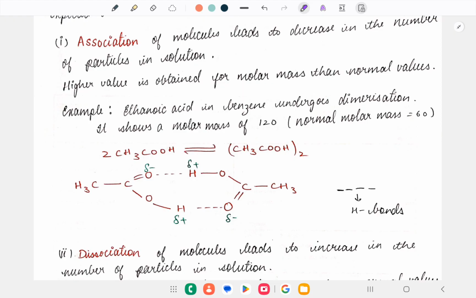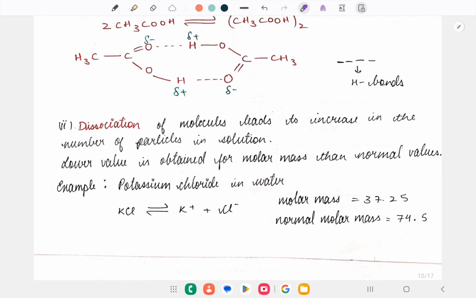Therefore, a higher value is obtained for the molar mass than the normal value. For example, ethanoic acid in benzene undergoes dimerization and shows a molar mass of 120 instead of 60. This is because of the hydrogen bonding through which it associates.